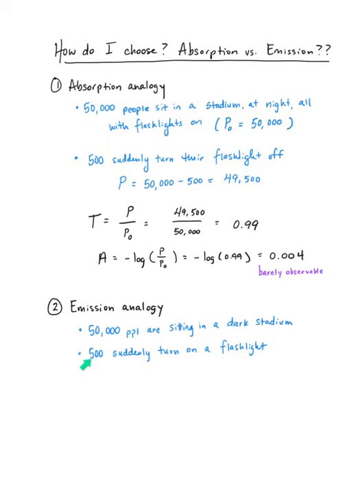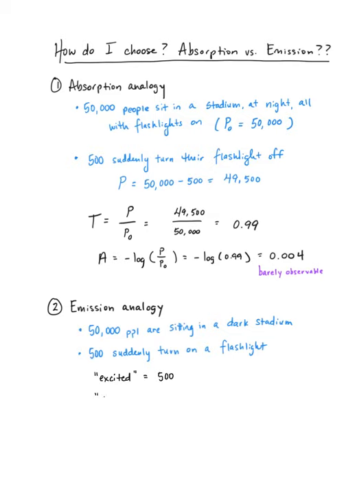Suddenly and simultaneously, 500 people turn on a flashlight. This sounds already intuitively like it's a whole lot more detectable than our previous analogy. Here, our excited population, or the number of flashlights that are on, is 500.